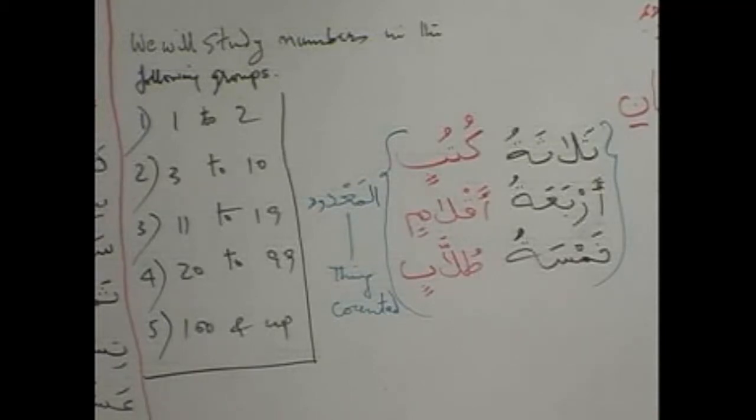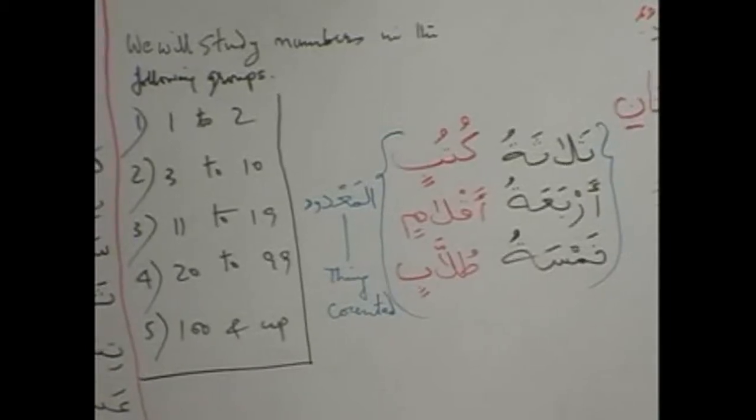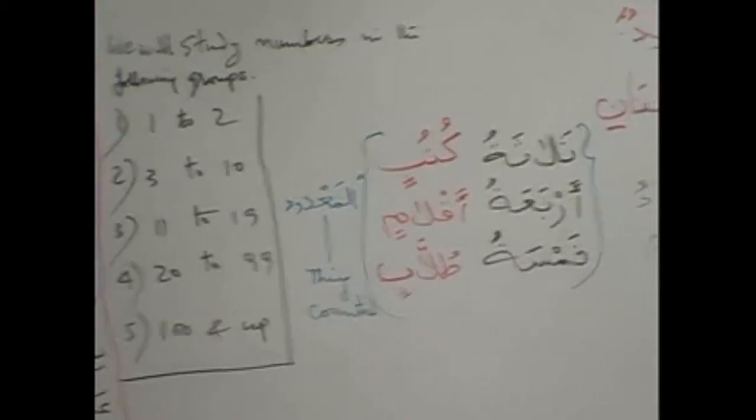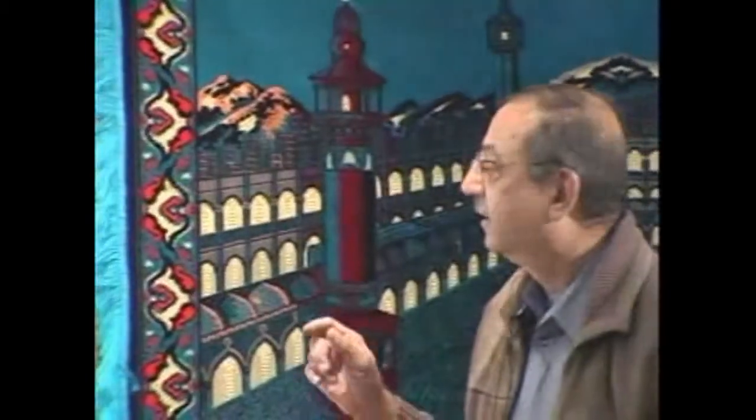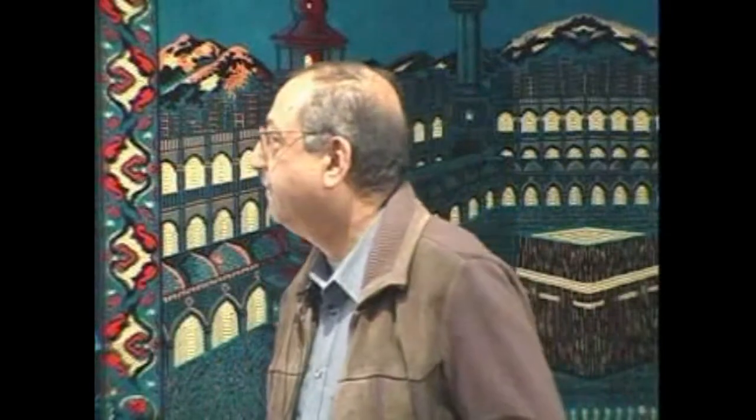What about 1 and 2? These two numbers are always adjectives. That is why I wrote them in red. Kalamun wahidun. 1 pen. So here, kalamun is man'ut and wahidun is na'at. The same way, kalamani ithnani. 2 pens.